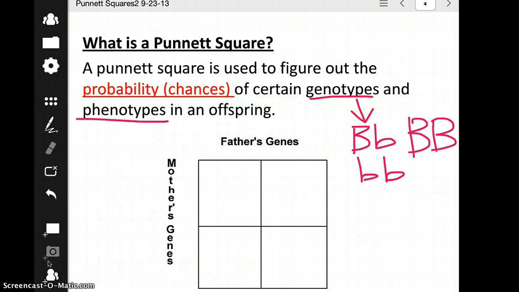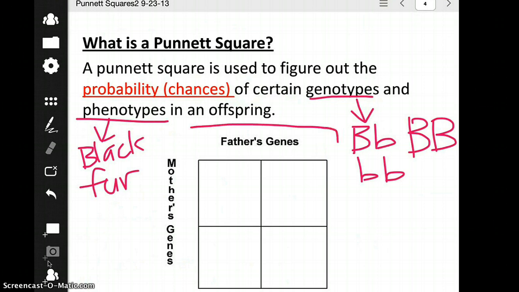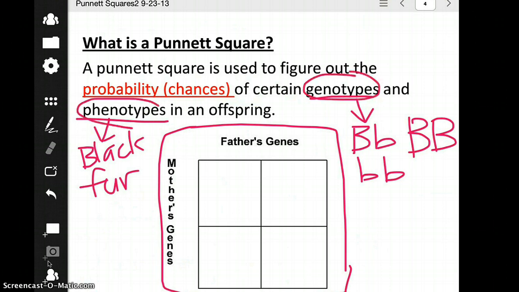Phenotypes are like physical appearance. So like brown fur, black fur, those are phenotypes. Blue eyes, brown eyes, those are examples of phenotypes, okay? And this right here, this is actually called a Punnett square. And this is what's used to predict the genotypes and phenotypes, and I'm going to show you how.